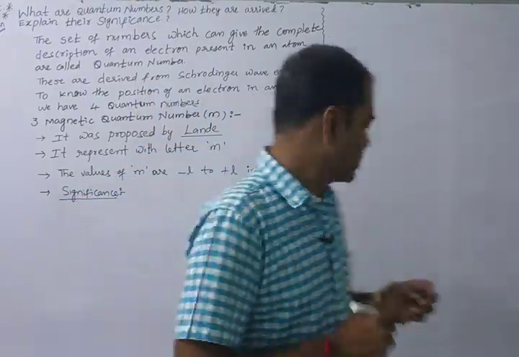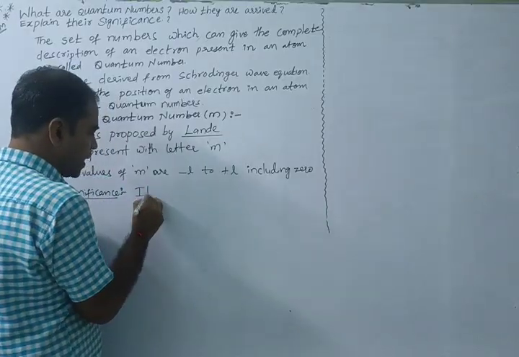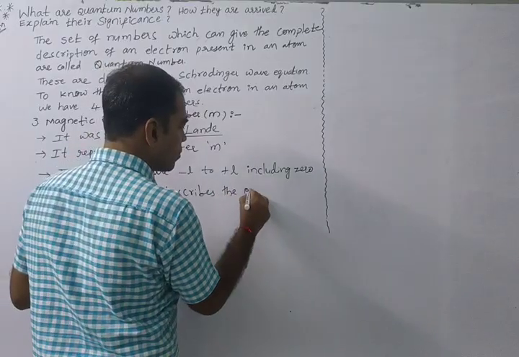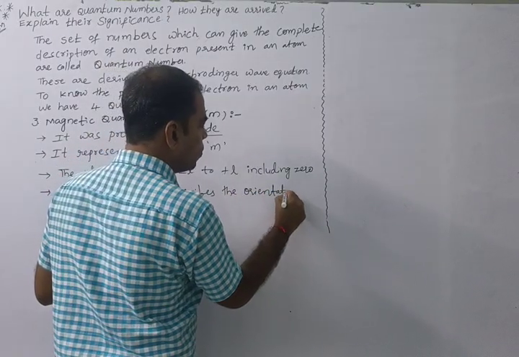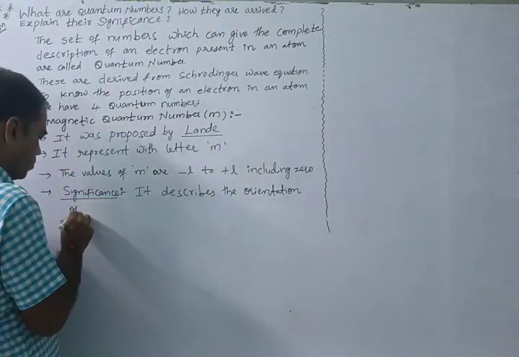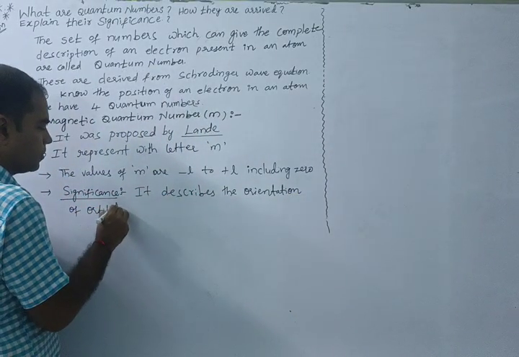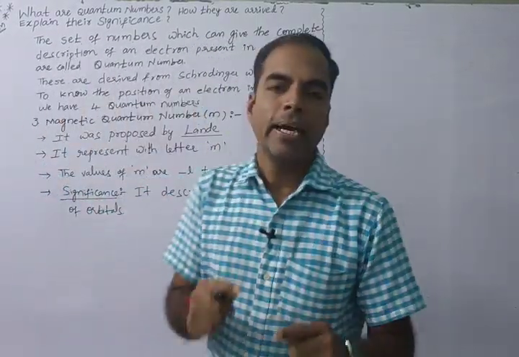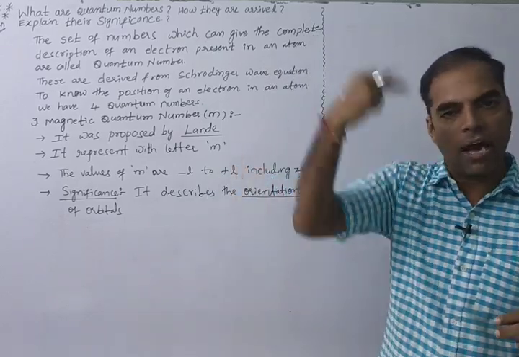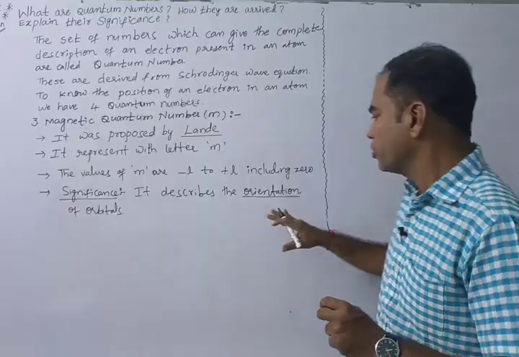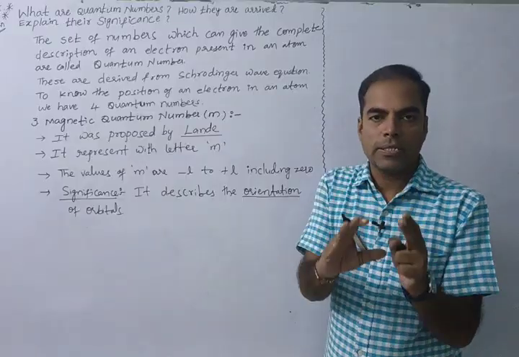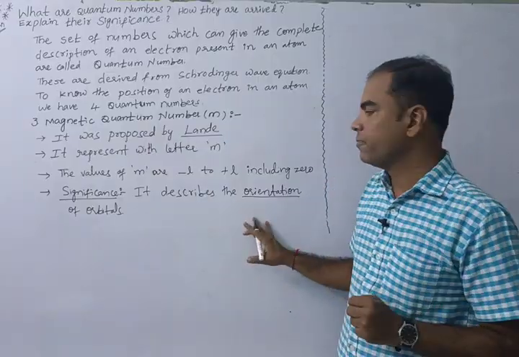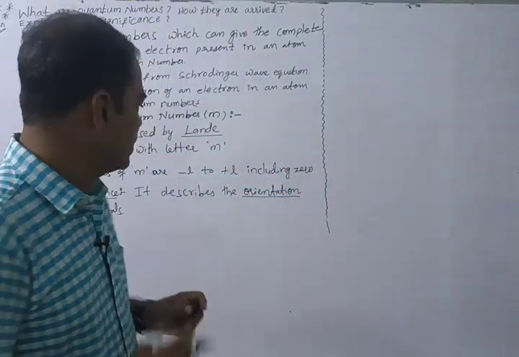Orientation means simply that the orbitals are rotating in three dimensions, along the x direction, along the y direction and along the z direction. That is called orientation of orbitals.